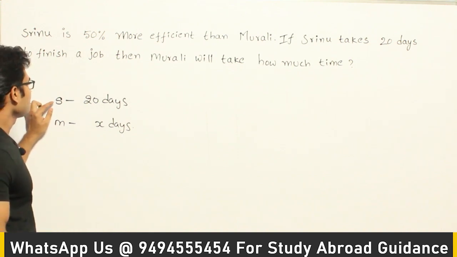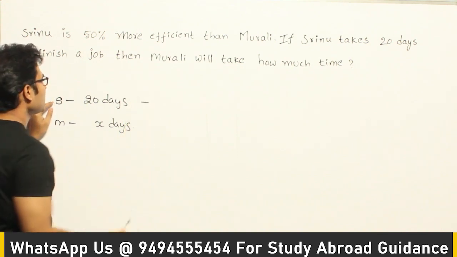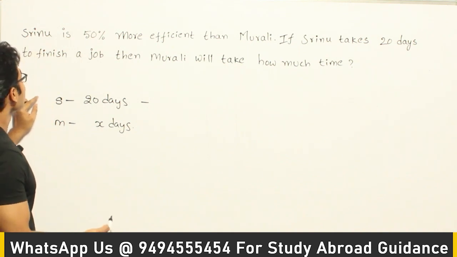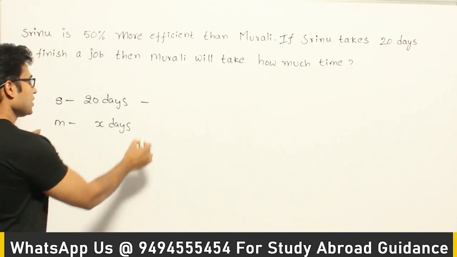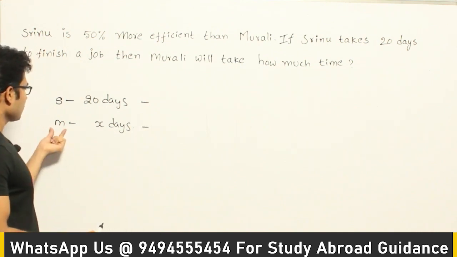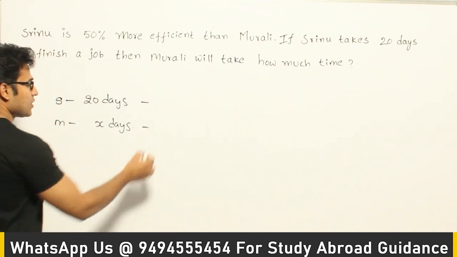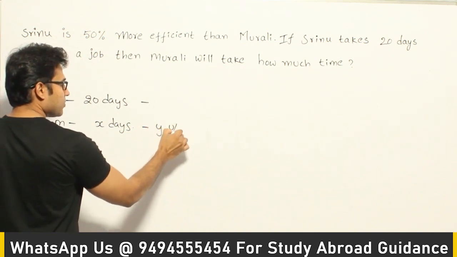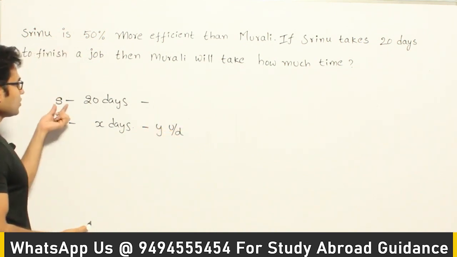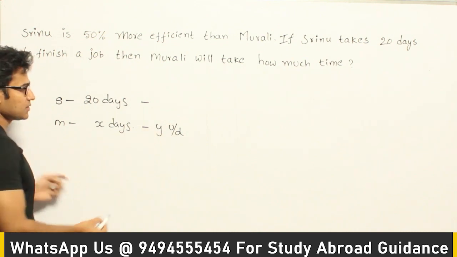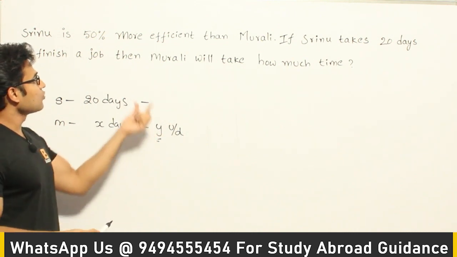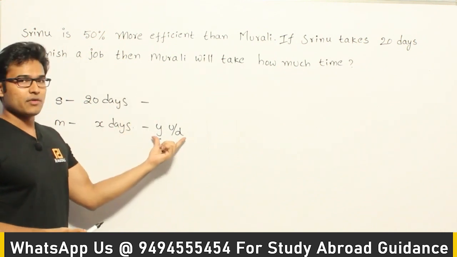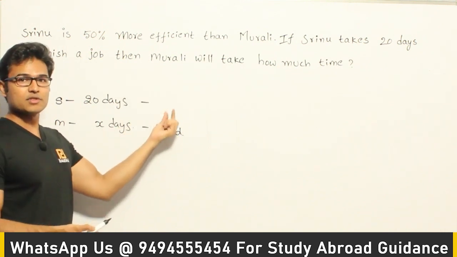But then they are saying that Srinu's efficiency is 50% more than Murali's efficiency. So if you assume that the rate at which Murali is working is Y units per day, then Srinu is 50% more efficient. Whenever they say more efficient, you are supposed to compare with the rate at which they are doing the work.